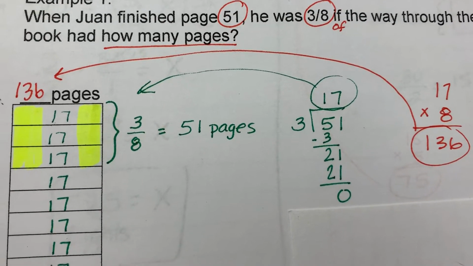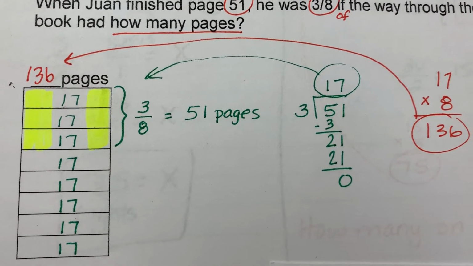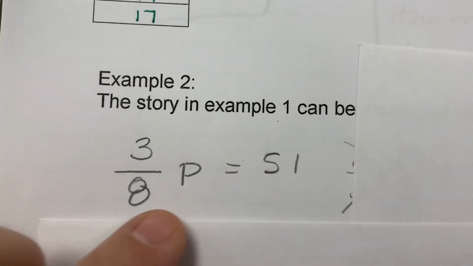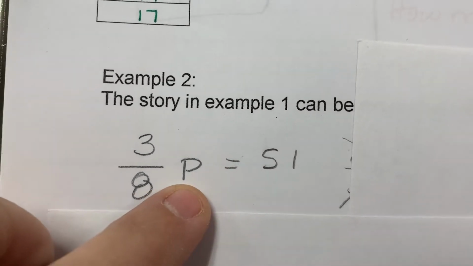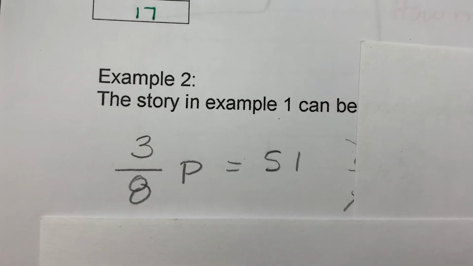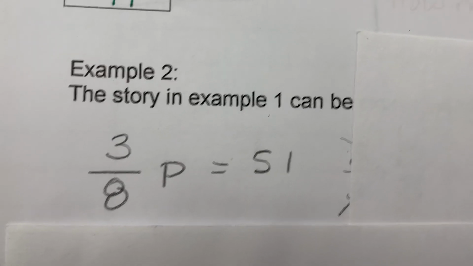The second way we can do, though, is write an equation. And so my equation might sound like this: 3/8 of the pages read equals or is 51. So 3/8 of his pages are or is 51. So there's my equation.